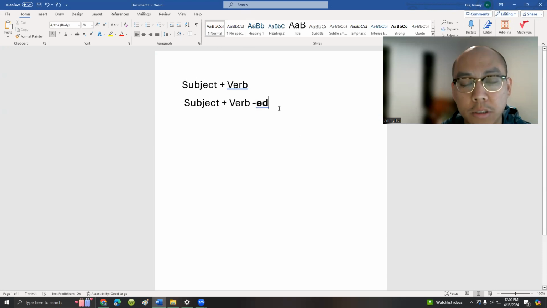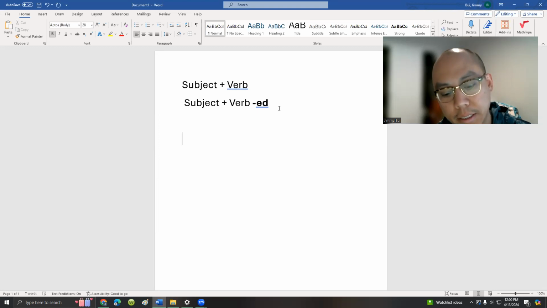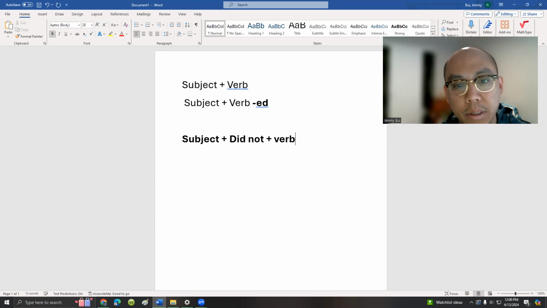Now, this is, of course, for regular verbs. There are a lot of irregular verbs, and so we'll take a look at a few of those. And then for negative statements, subject plus did not plus verb.